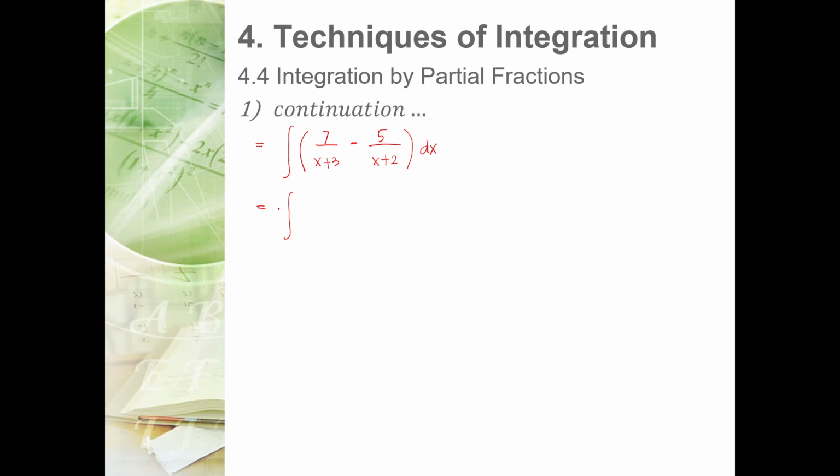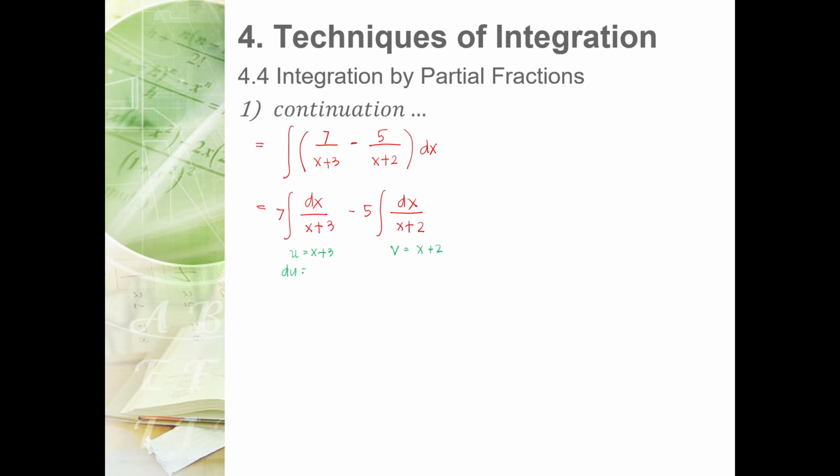So we have the integral of 7 times the integral of dx over x plus 3, minus 5 times the integral of dx over x plus 2. Basin makalimot mo, this is just a simple integral. If you want to verify it further, let x plus 3 be u and x plus 2 be v.